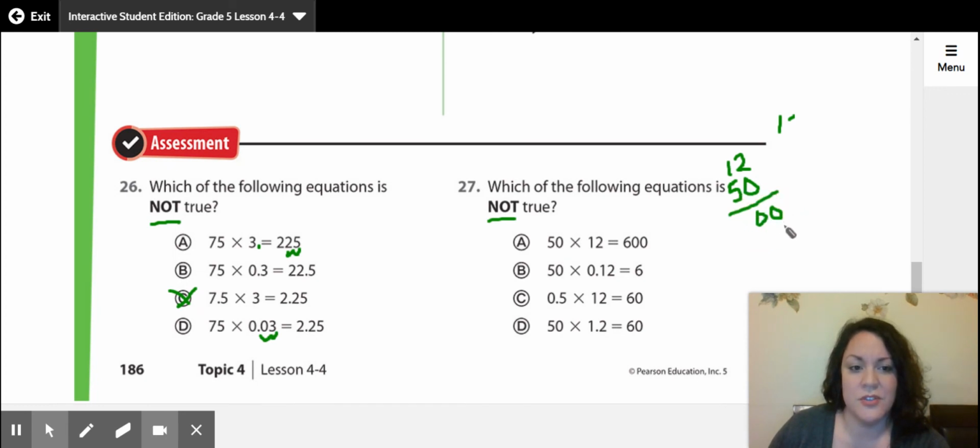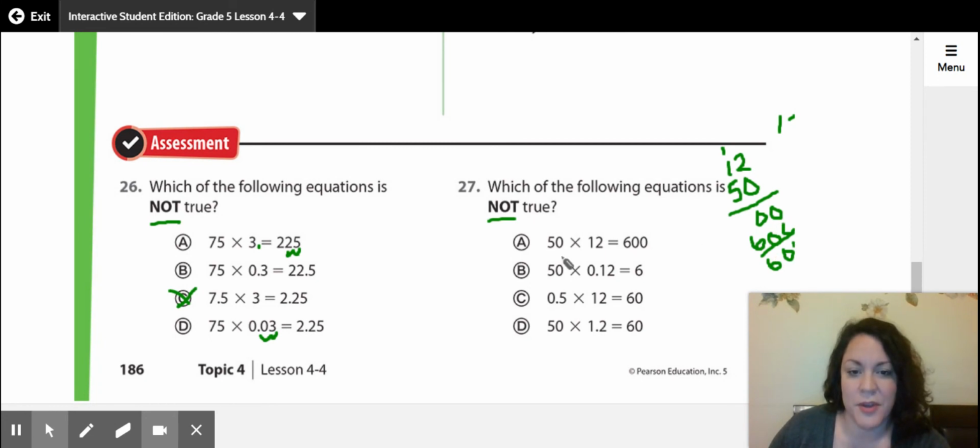But don't forget to put your 0 to hold your place value in the ones place, because now we're doing 5, which is actually 50. 5 times 2 is 10, and 1 up here in the tens. 5 times 1 is 5, plus 1 is 6. So it looks like 600. 50 times 12 is 600. Okay, so this is right.